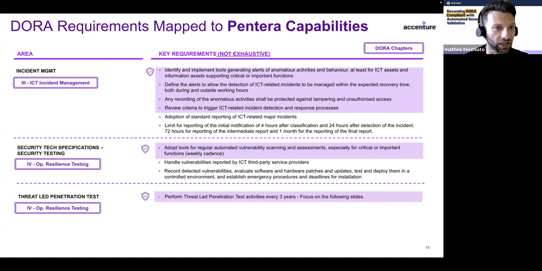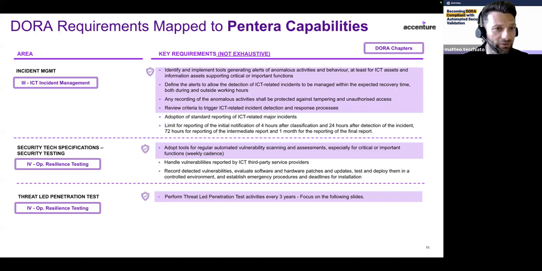And this is a very critical part. Here you need to work on processes and also you need to put in place some specific tools that are able to support your team to provide incident management.